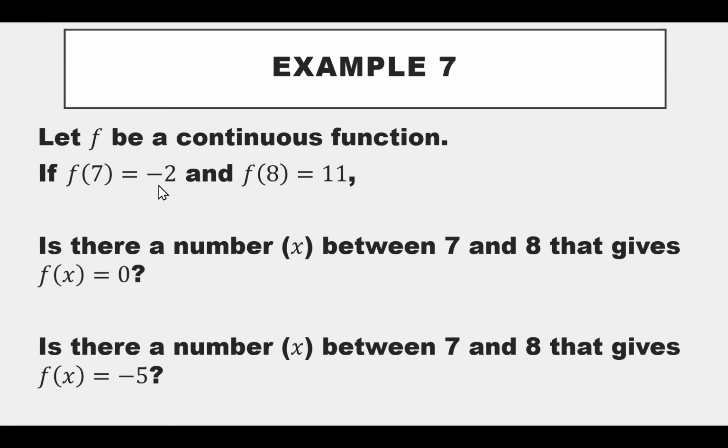Every output value between -2 and 11 has to be reached. -5 is outside of that range, so it may not be reached. It may not be touched. So in the first case, the output value of 0 is guaranteed. In the second case, the output value of -5 is not guaranteed.